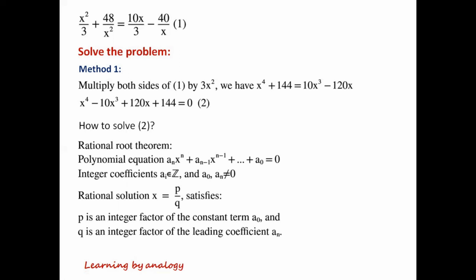A rational solution x equals p over q satisfies: p is an integer factor of the constant term a_0, and q is an integer factor of the leading coefficient a_n.